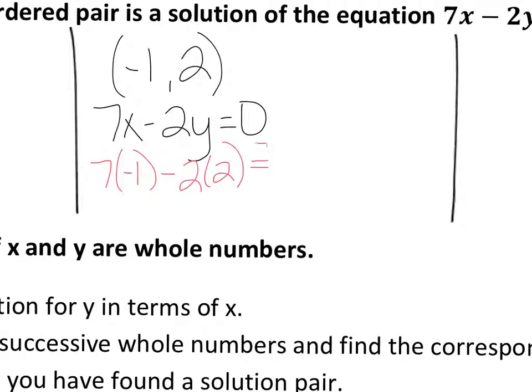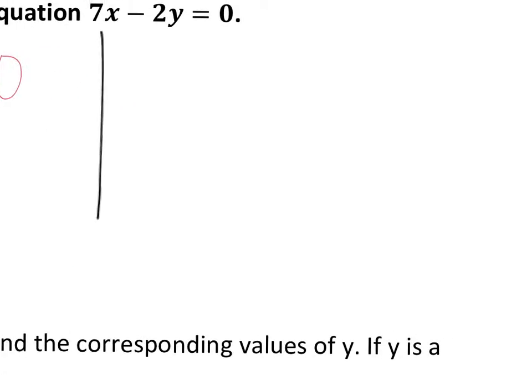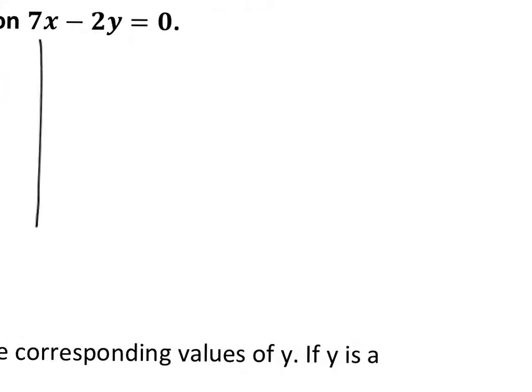And I'm checking. Does that equal 0? No, because 7 times -1 gives me -7. And -7 minus 4 gives me -11. And we all know that -11 does not equal 0. So no, -1, 2 is not a solution. Your answer is no. That's all you're doing today, you're saying yes or no. You've got a 50-50 chance.